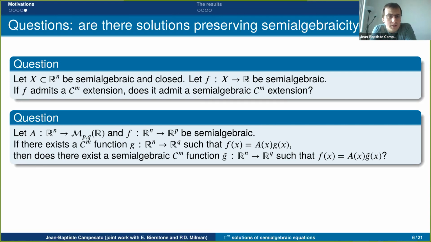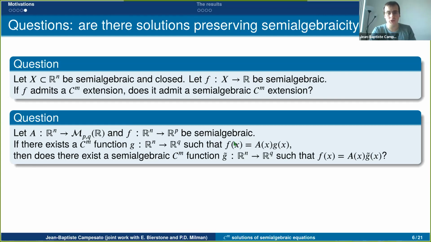The second one is related to the Brenner, Ochter, Fefferman, and Kollár problem. I'm not going to work with only one equation, but with finitely many equations that I will represent using a matrix. So we start with A, a matrix whose entries are semialgebraic functions. And we have F, a vector-valued function whose components are semialgebraic.